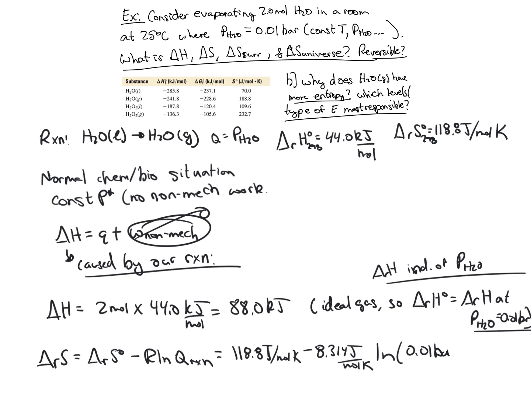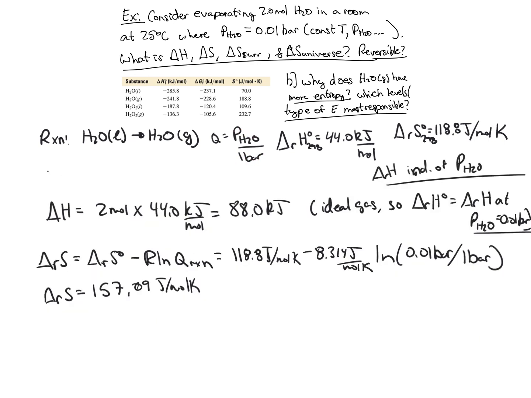And again, remember when we plug into Q here, we need to be in units of bar, because the standard state for a substance is 1 bar of applied pressure. So Q is technically unitless because it's technically pH2O over 1 bar, adjusting from H2O at the current pressure to the standard pressure.